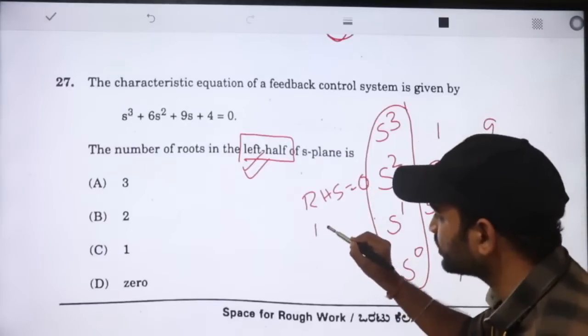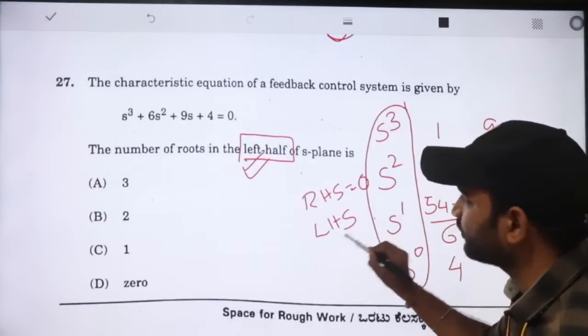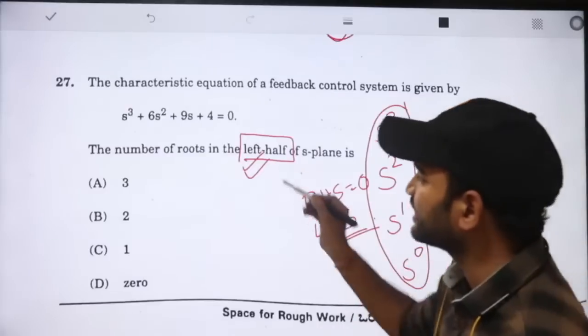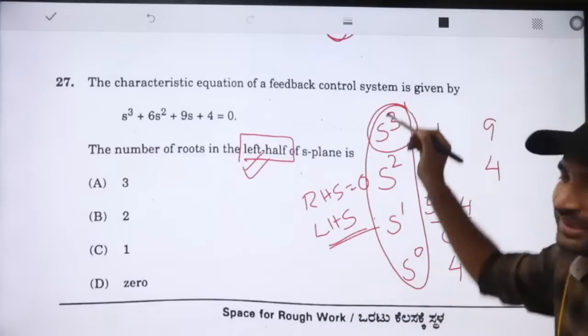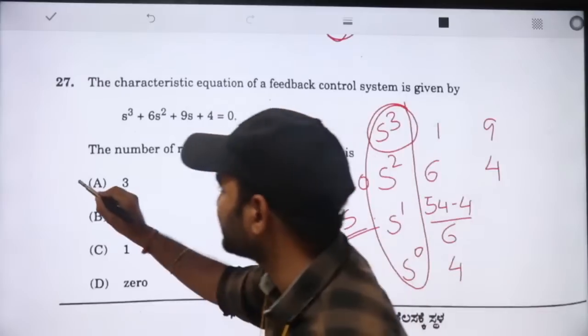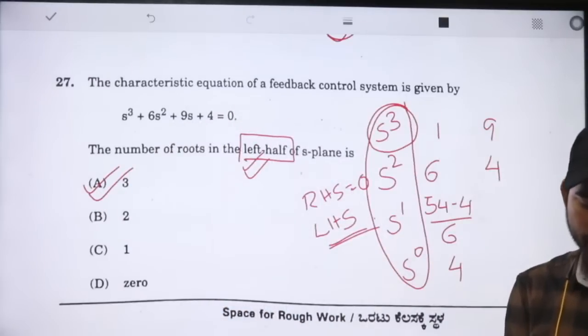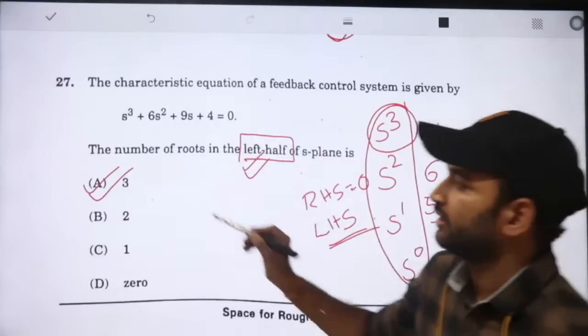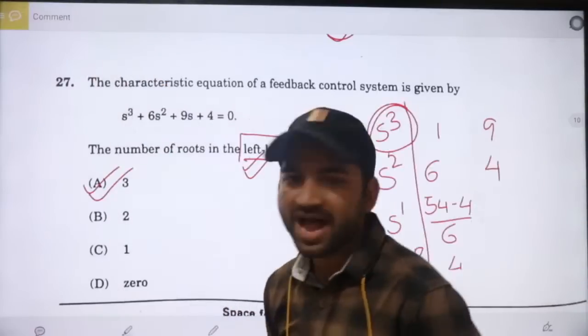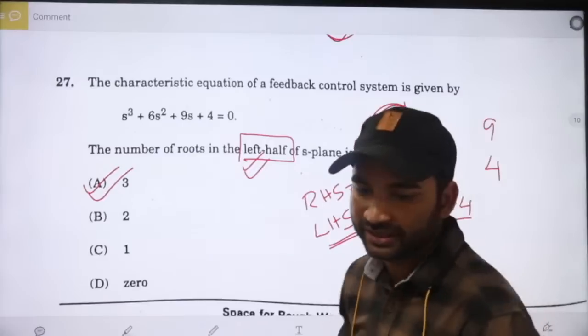So all the roots are present in the left half of the S plane. How many roots are present there? 3 roots are present, so the answer will be A. The answer for the 27th question is 3.